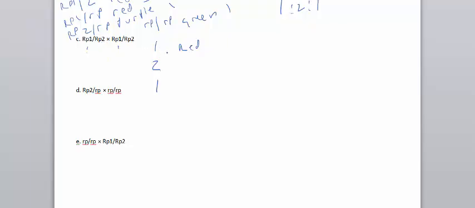RP2 and RP1 is going to be red, so it'll be two heterozygotes that are red. Then we can get RP2 and RP2, and those are going to be purple. So here we'll get 3 to 1 red to purple. So we had RP1 from the first parent, RP1 from the second parent.